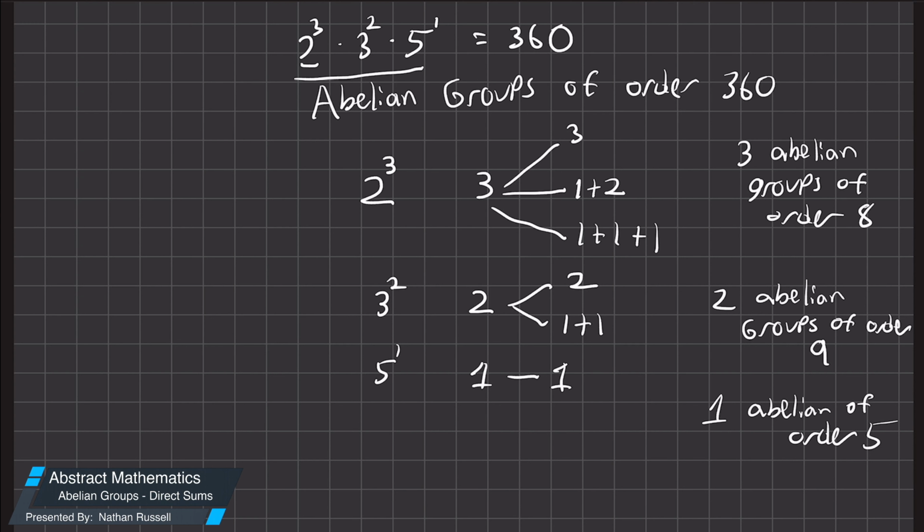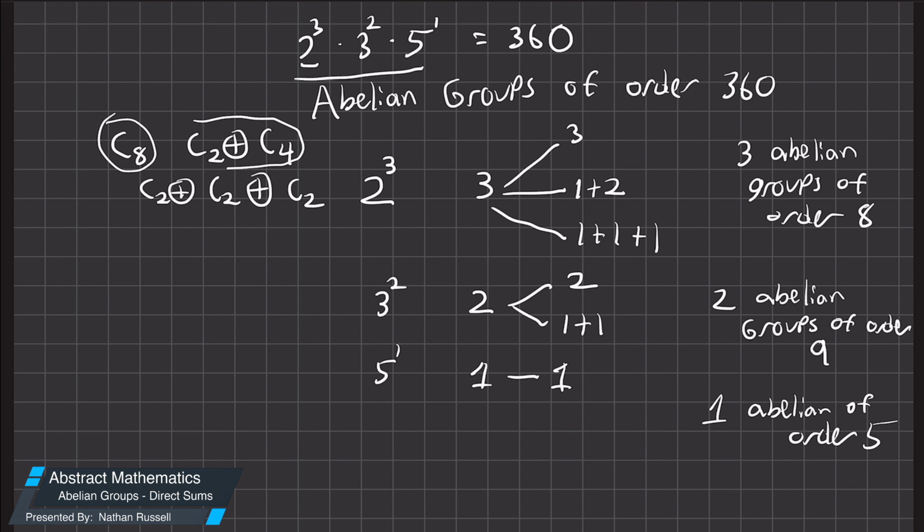Okay, so let's write these out. We've already kind of done these already. So we have effectively C8. We have C2 direct sum C4. And then we have C2 direct sum C2 direct sum C2. So all of these are the component for the prime base 2. So we have 3 of them.